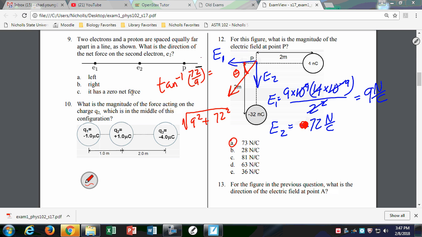What is the force? Well, the force is just qE. So it'd be 2 coulombs times what I know the electric field to be, 146 newtons.